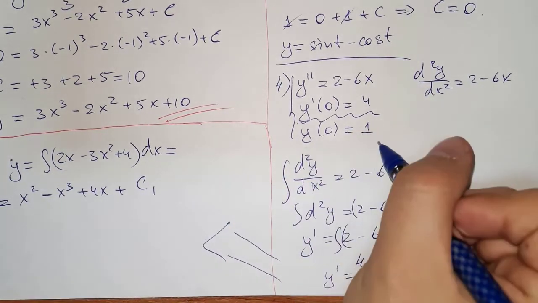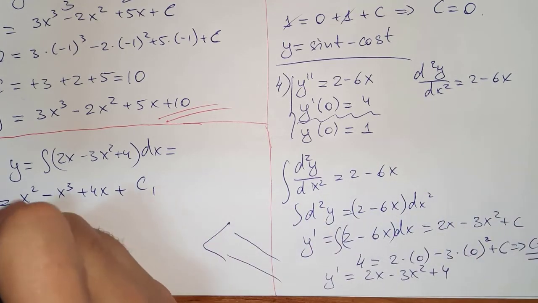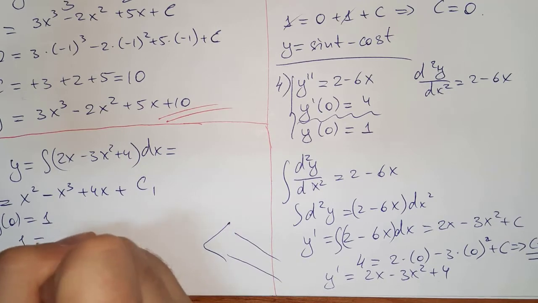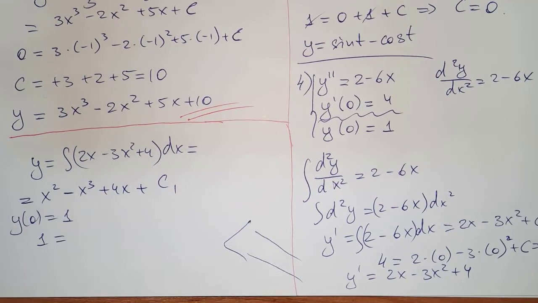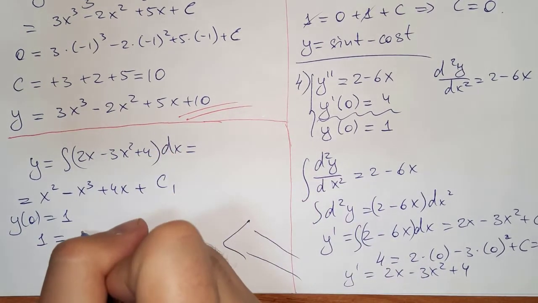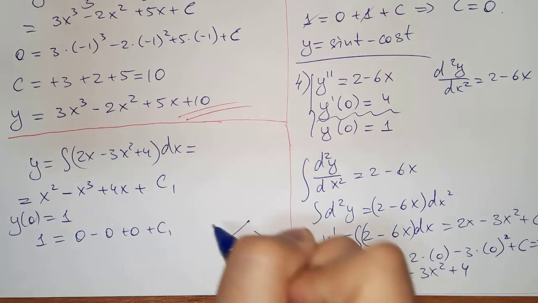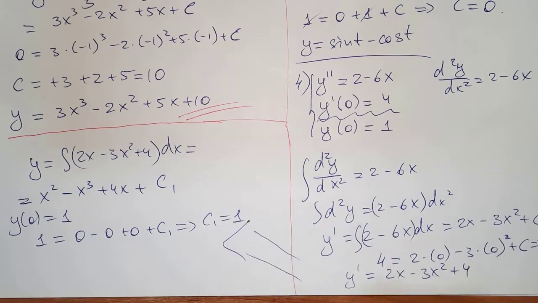Now we use the second condition, y of 0 is 1. So 1 equals 0 minus 0 plus 0 plus c1. So it means c1 is 1.